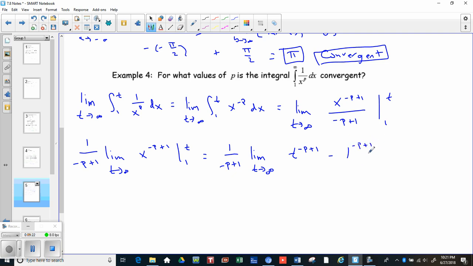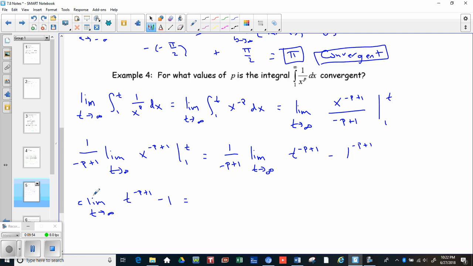The good news is 1 raised to anything is 1. So I get the limit as t approaches infinity of t to the negative p plus 1 minus 1. The limit of 1 as t approaches infinity is going to be 1. So it's this piece right here we have to figure out.